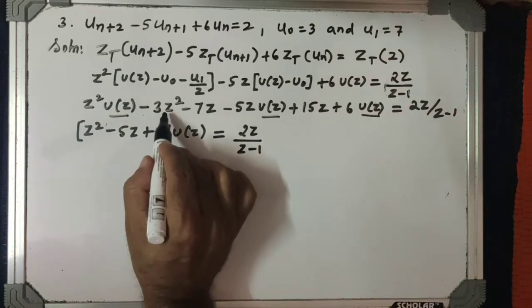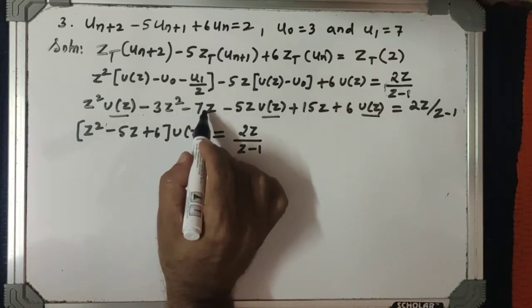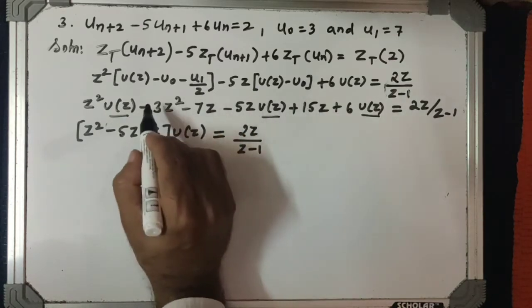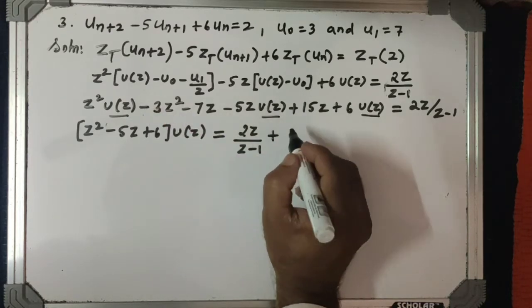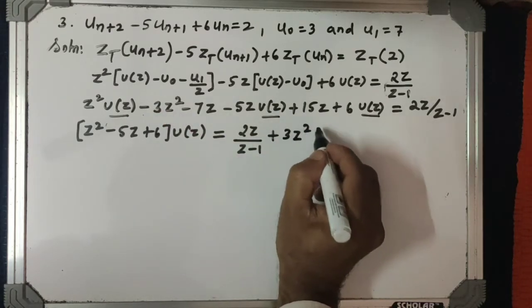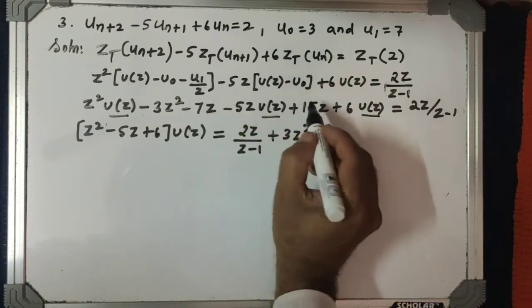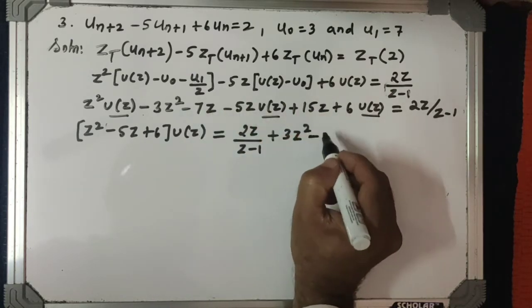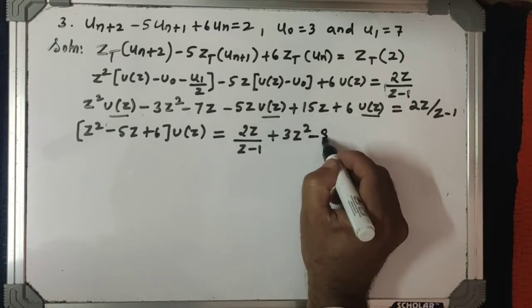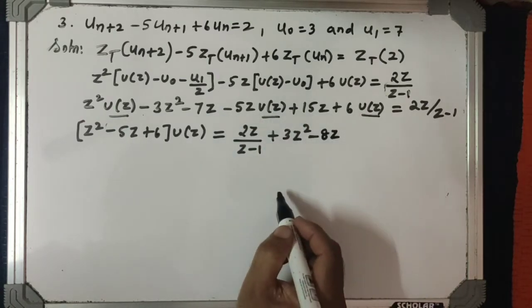Now these three terms, minus 3z square minus 7z plus 15z, become plus 3z square on the right hand side. So plus 15 minus 7 is 8z. If you bring it to the right hand side, 8z becomes minus 8z.